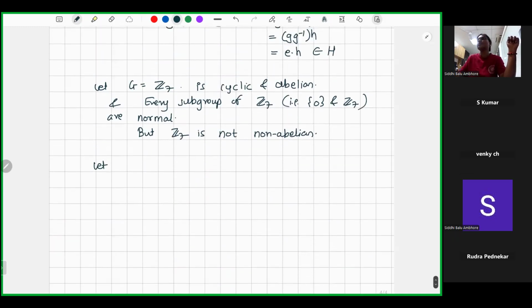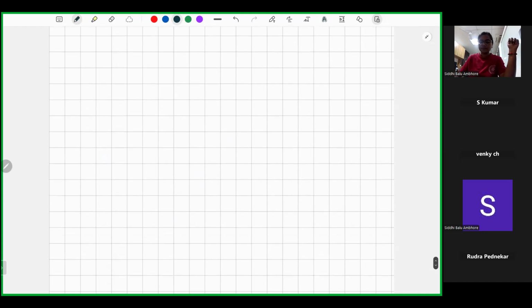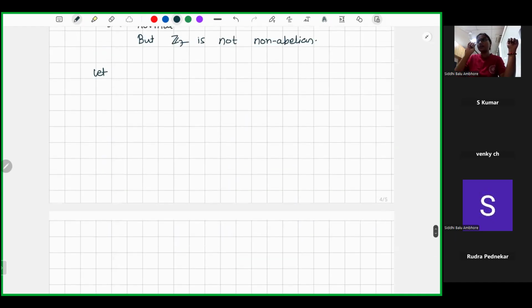That's the example. So let us try with, so S3 is the example which you can try, but I want to give this example.